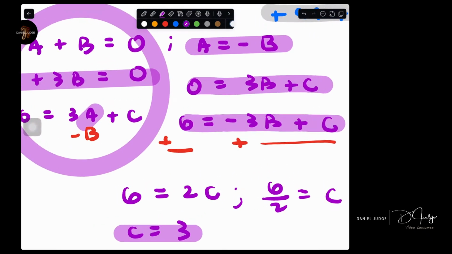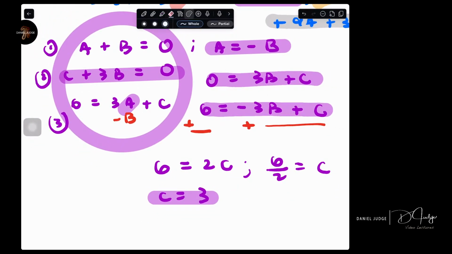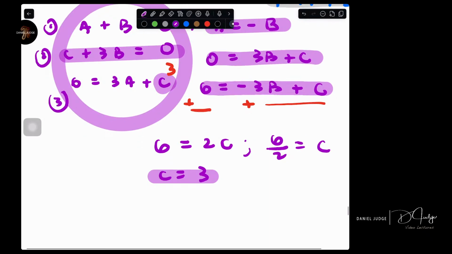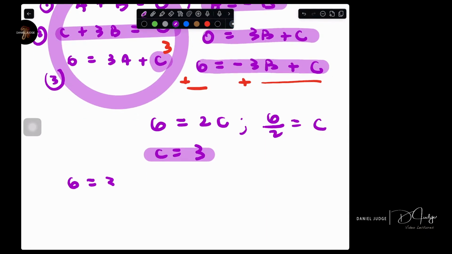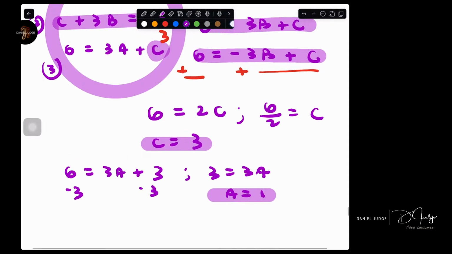Doesn't matter which equation I go back to. So since C is 3 now, if I go back and replace this C in the third equation with 3, notice I end up getting 6 is 3a plus 3. Subtracting 3 from both sides, we end up getting 3 equals 3a, which means a is the value 1. So we get a is 1 here.